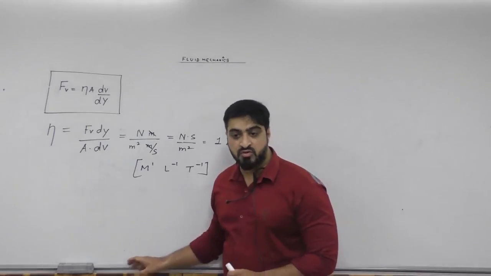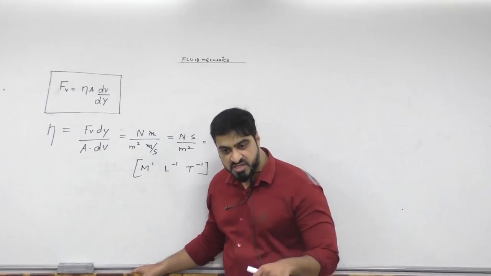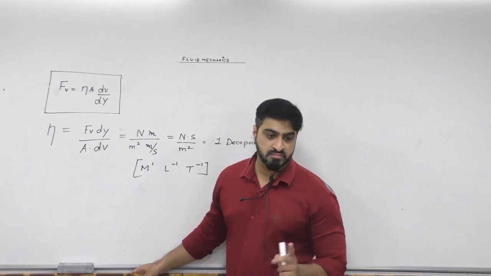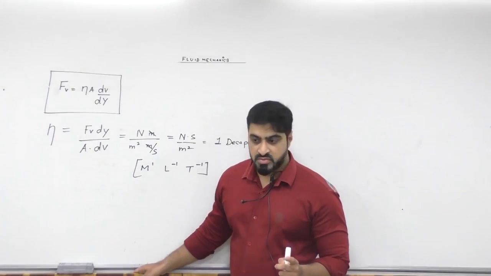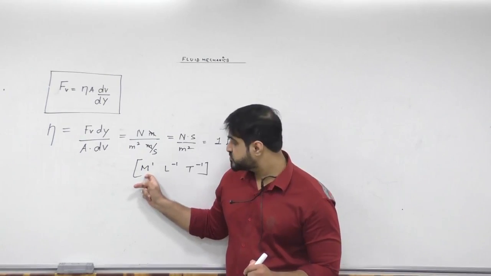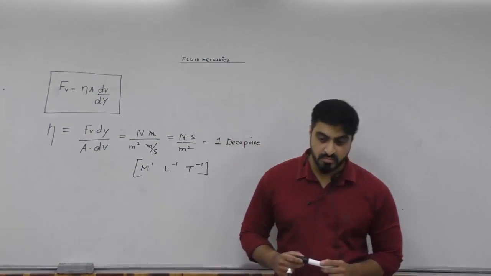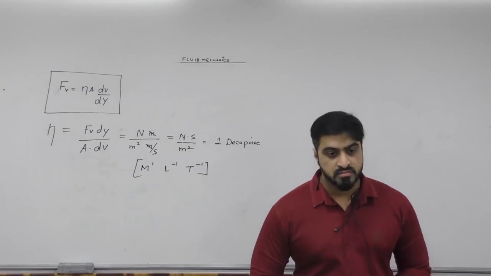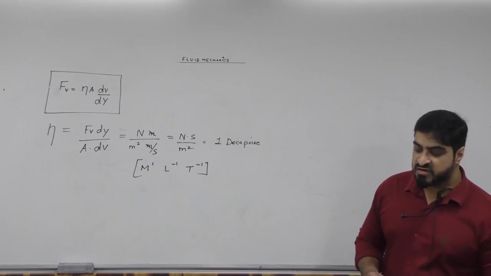Because sometimes calculation will come in terms of CGS, sometimes it will come in SI. Are you understanding? ये पहला चीज है, क्लियर हो गया? नेक्स्ट, पुट द हेडिंग एज टर्मिनल वेलोसिटी.